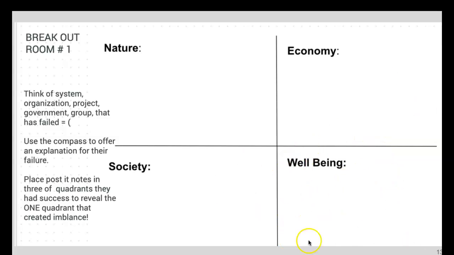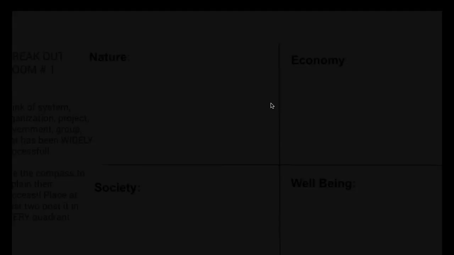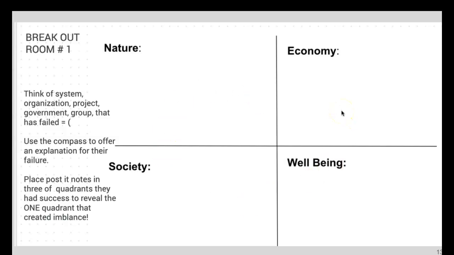And so that is actually the reason why this system, organization, project, whatever you chose, didn't fully function. So unlike on the first one, where each quadrant has at least 2 post-it notes, you'll have a quadrant that's less filled out or empty to identify the imbalance that explained the lack of success for that organization, company, group, whatever you choose.